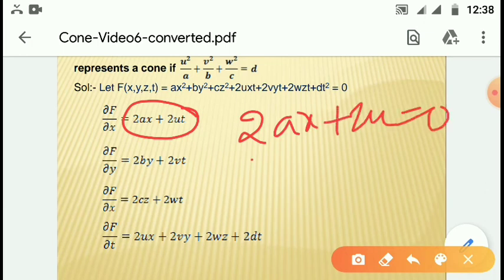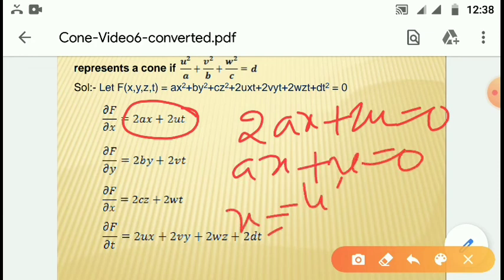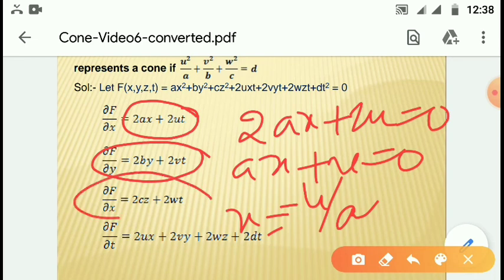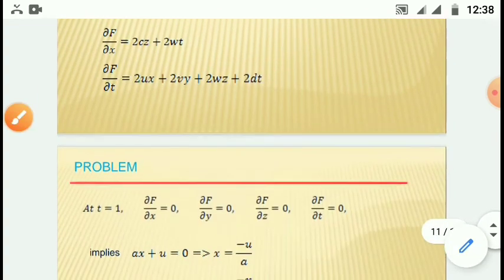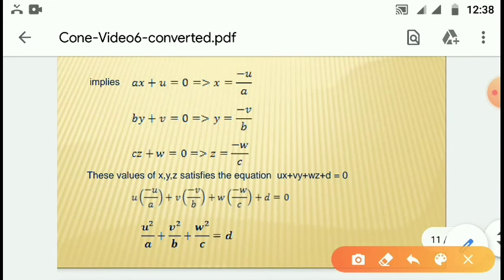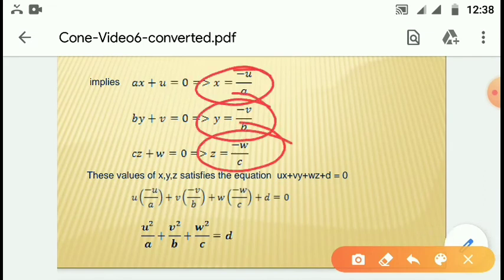By taking 2 common, we have ax plus u is equal to 0, and hence x is equal to minus u by a. In a similar way, from this equation we have y is equal to minus v by b, and from this we have z is equal to minus w by c. So from the first 3 equations, we have x is equal to minus u by a, y is equal to minus v by b, z is equal to minus w by c.